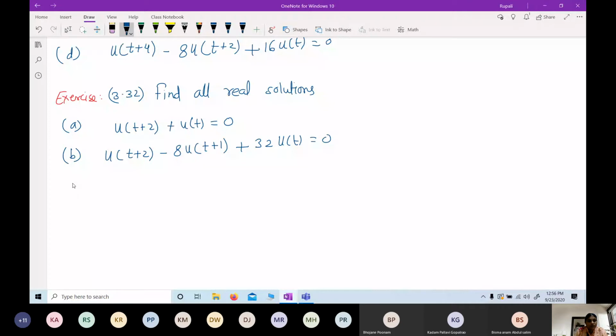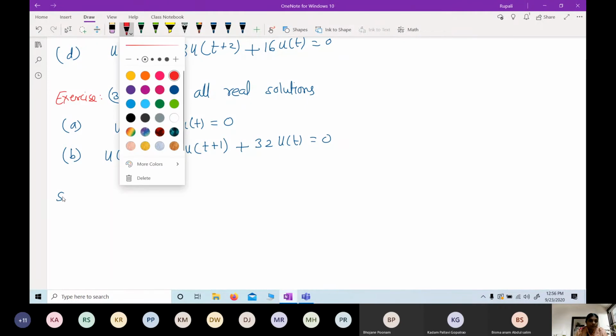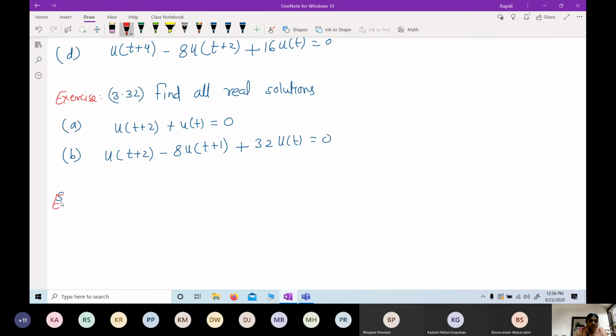Solve u at t plus 4 minus 8 u at t plus 2 plus 16 u at t is equal to 0.